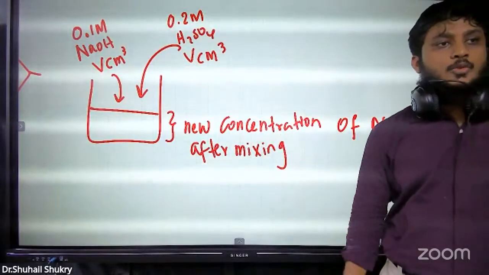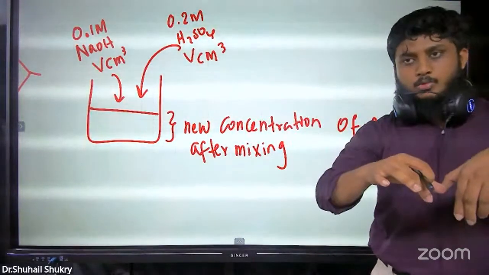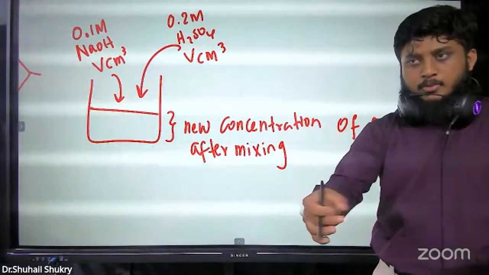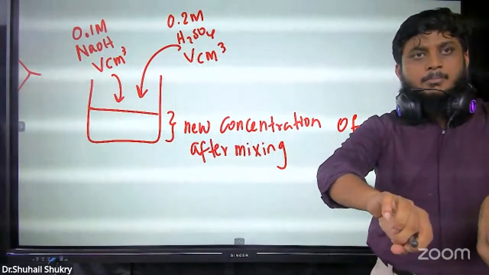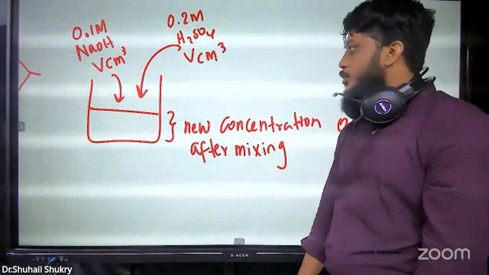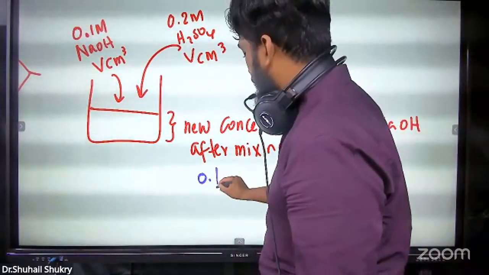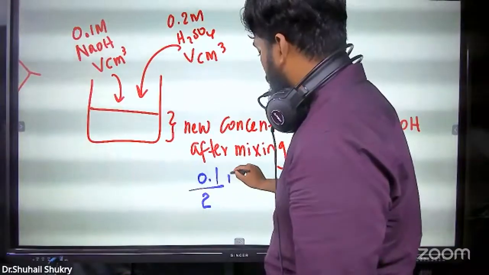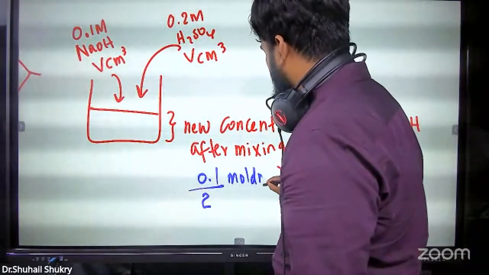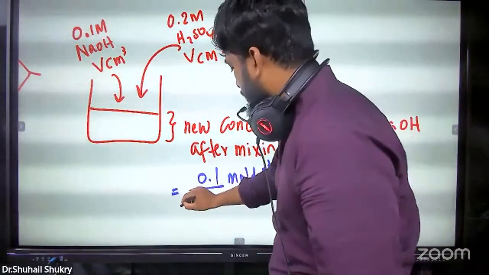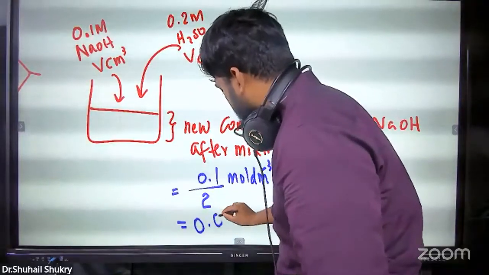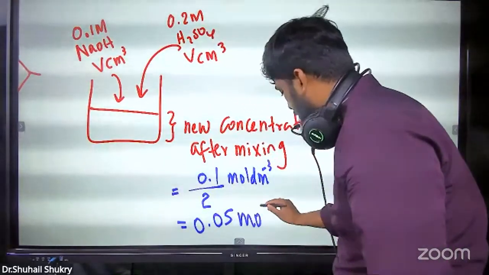V and V, you can see both are the same volume. When the same volumes are mixed, what will happen to the final concentration? It becomes half of it. So directly you can write the new sodium hydroxide concentration is 0.1 mol dm minus 3 divided by 2. Then you get the new concentration as 0.05 mol dm minus 3.